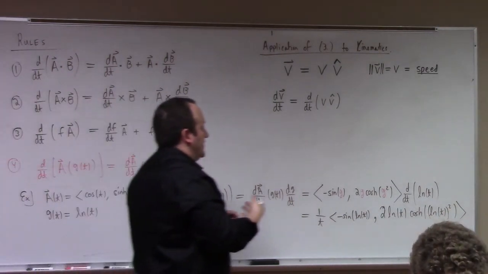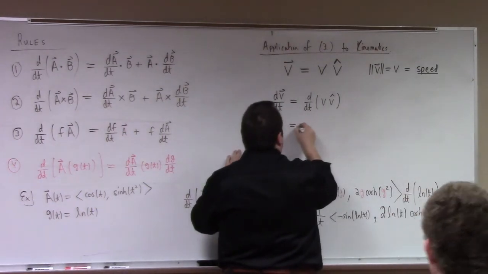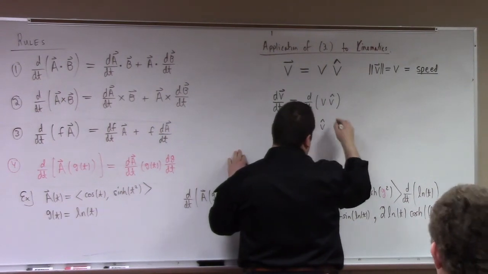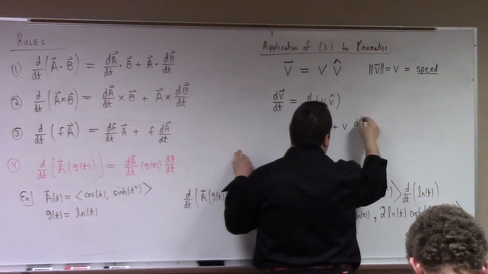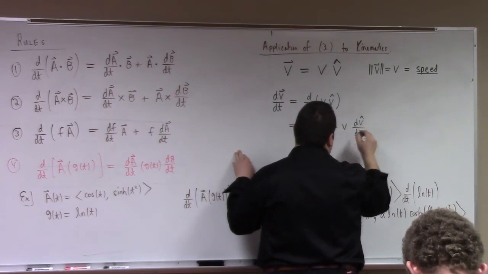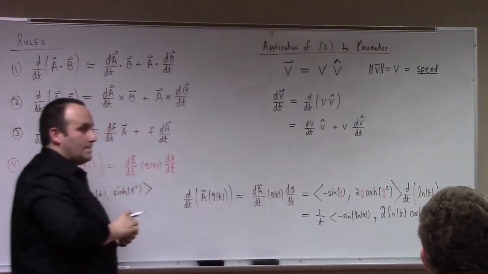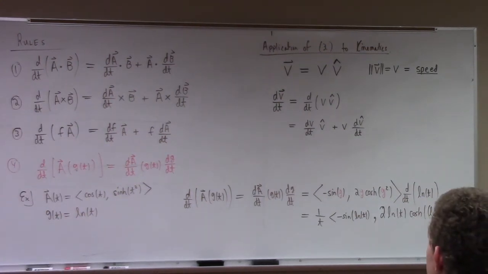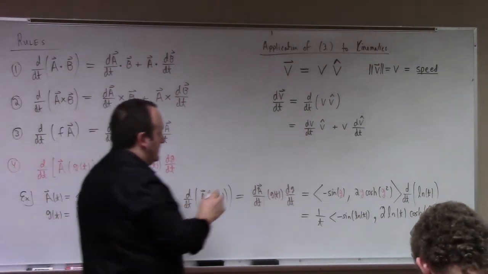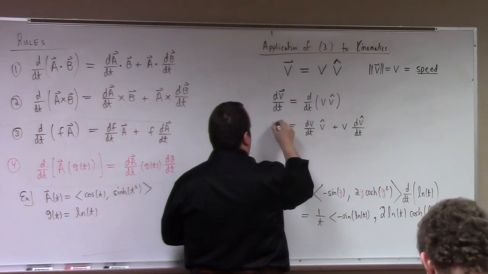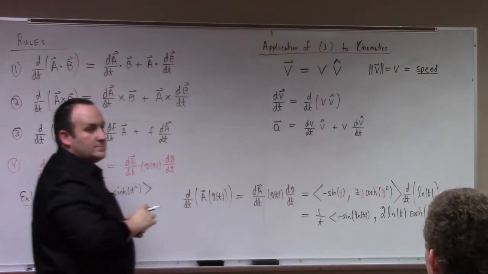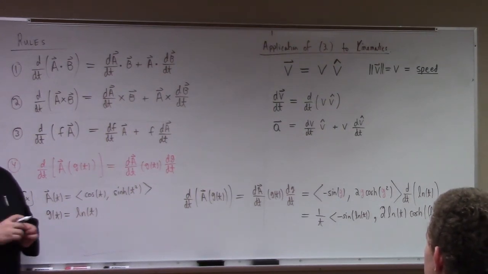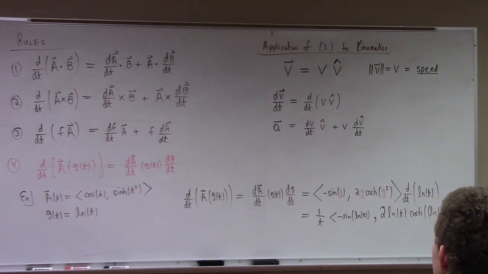What I get is dv/dt times v hat plus v times dv hat/dt. Of course, this is acceleration, right? So there are 2 pieces to the acceleration. There's the piece that lines up with v hat, and there's the piece which does not.